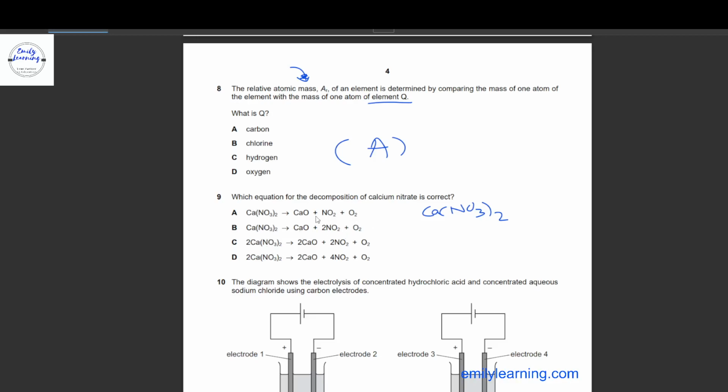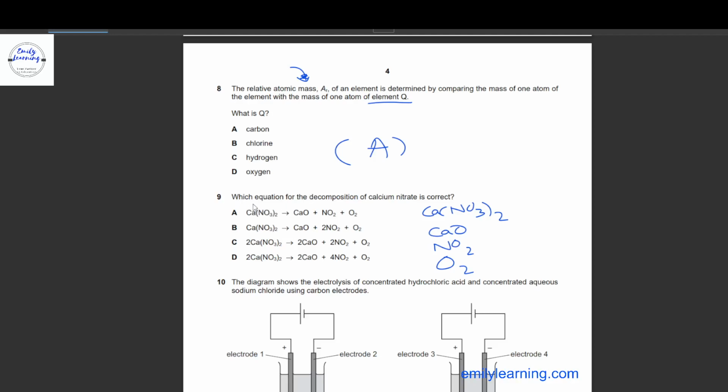We know that calcium nitrate is Ca(NO3)2, calcium oxide is CaO, nitrogen dioxide is NO2, oxygen is O2. So this question gives all the correct formulas of the starting material and the ending product. In other words, what we need to check is the balancing of the equation.